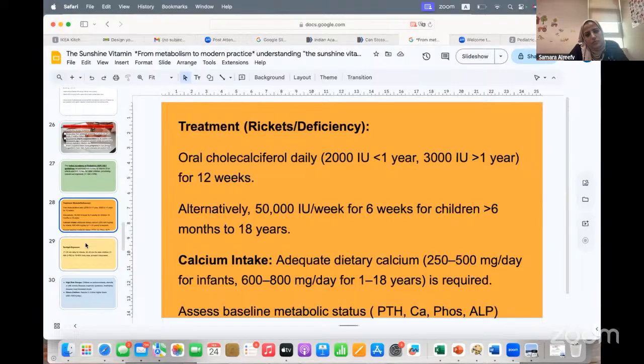The final metabolic transformation of active formation of vitamin K requires vitamin D. So they are co-dependent vitamins, vitamin K and vitamin D, and they are both necessary for bone production.